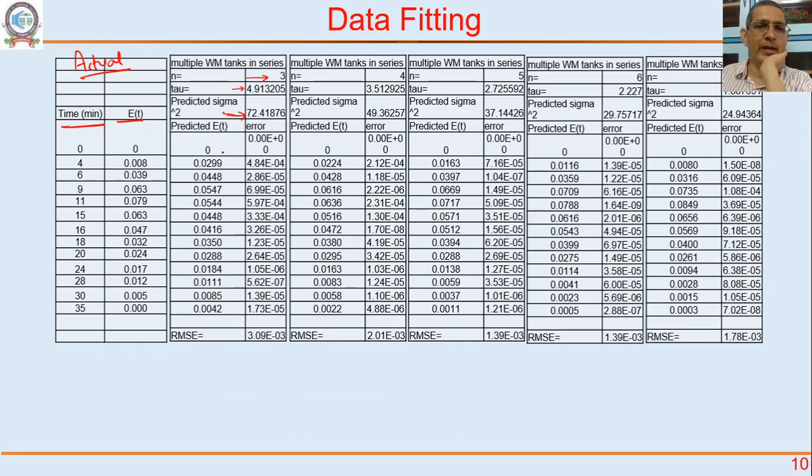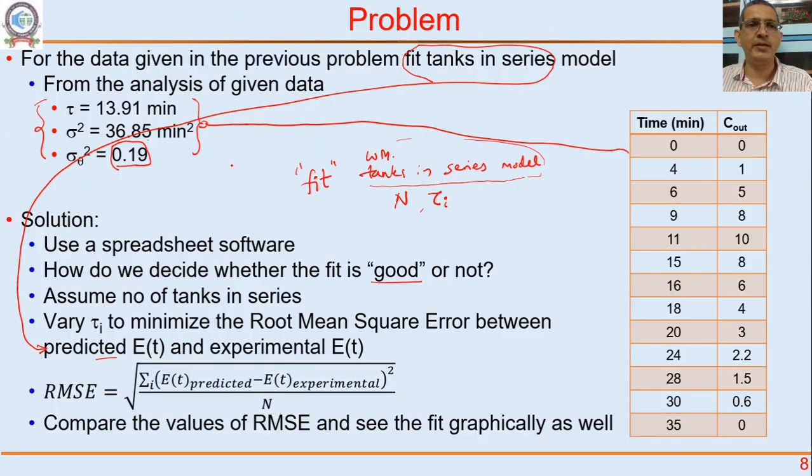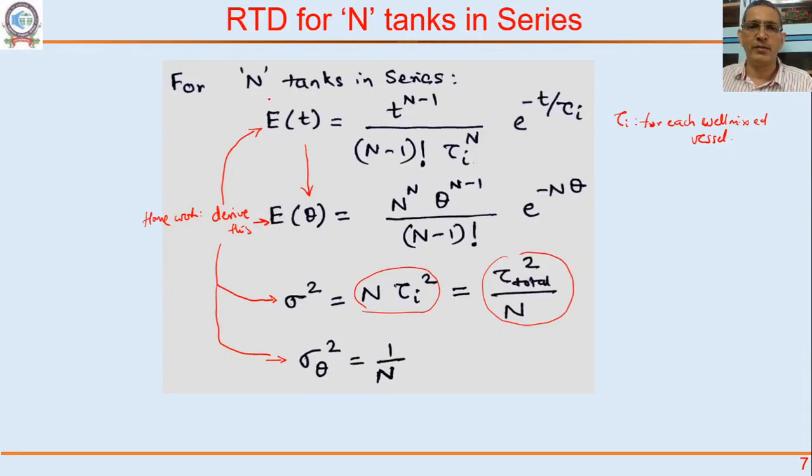Now you can calculate the predicted E(t) using this expression. Take n equal to 3, tau I equal to say 4.9, and calculate E from this expression.